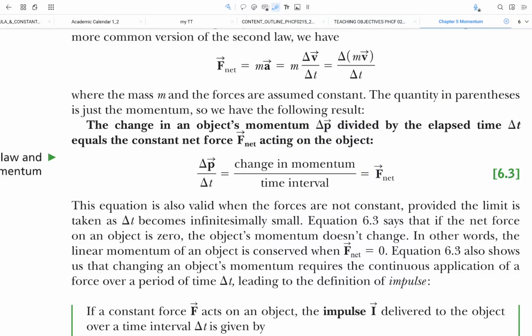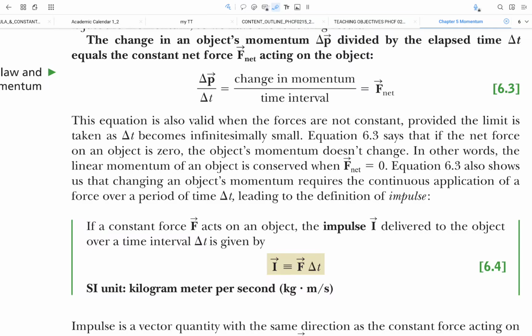Now, what they did is they rearranged this expression. The delta t is transferred to the other side together with the force, becoming force times delta t, leaving only the change of momentum on the left.